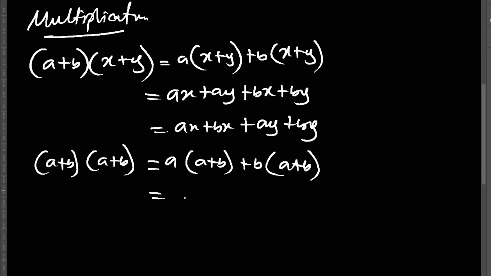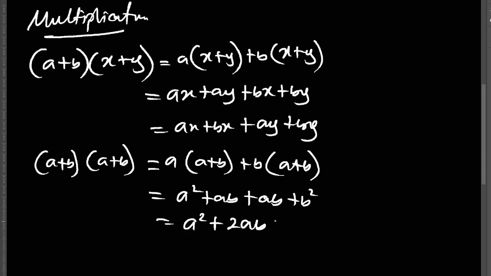There will be a times a, that's a squared, a times b is plus ab, plus b times a, that's plus ab as well, and b times b will give us plus b squared. I therefore have a squared, and these two are the same thing, so that will be 2ab plus b squared. So you can see that this is the result. I hope you understand this.